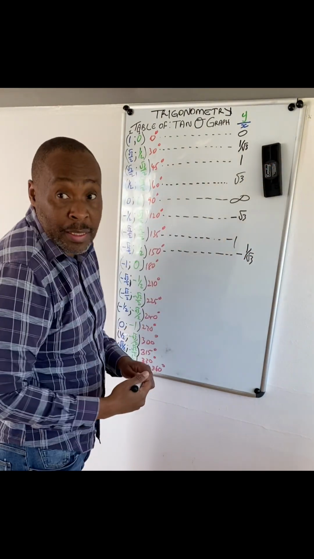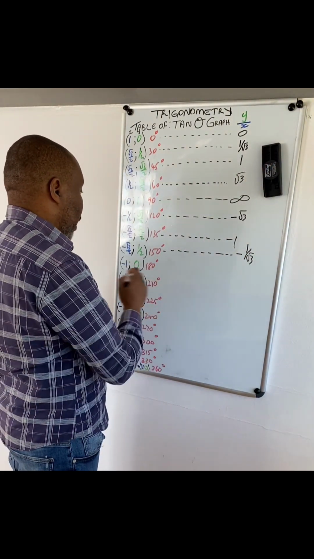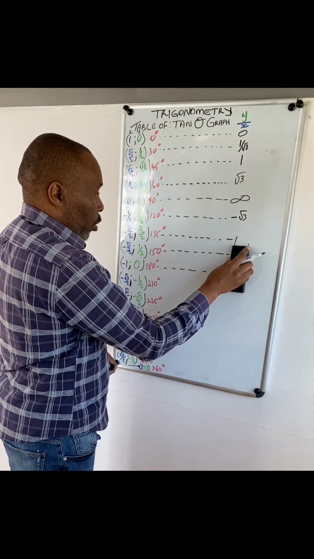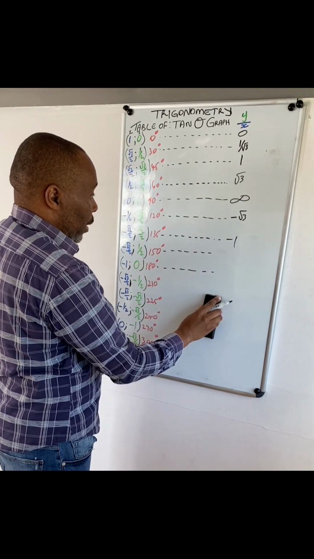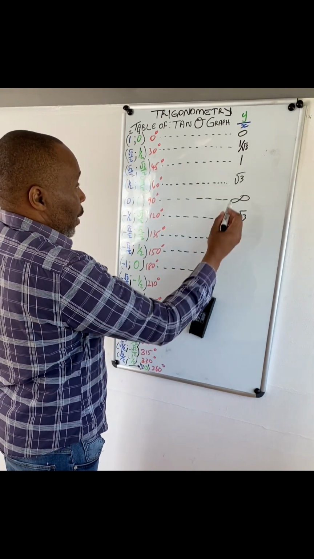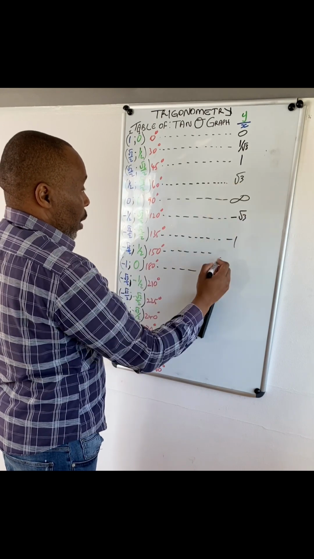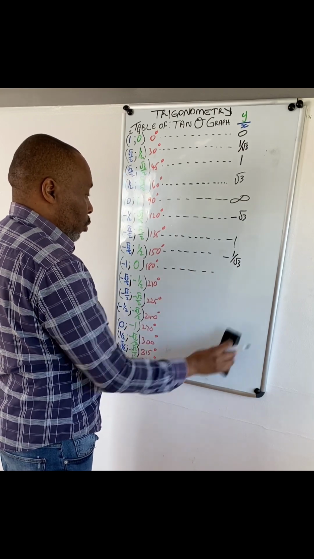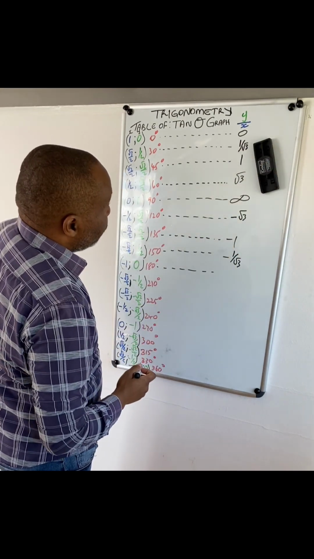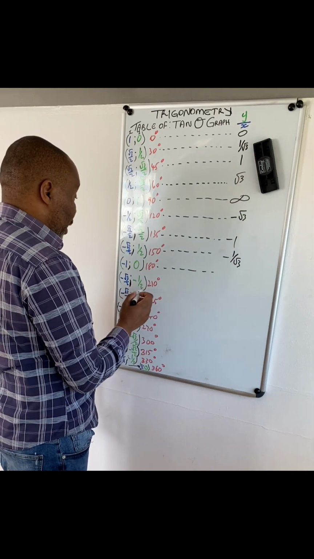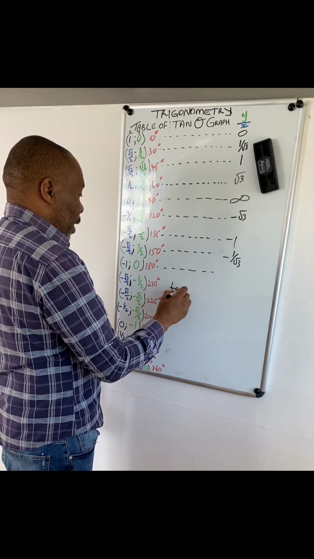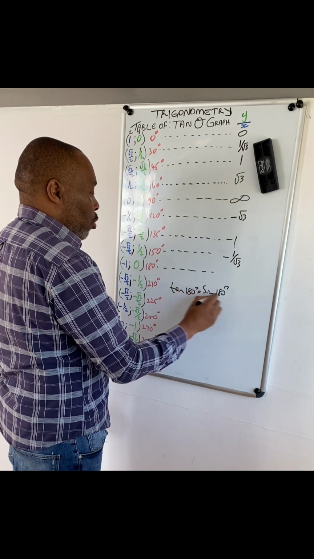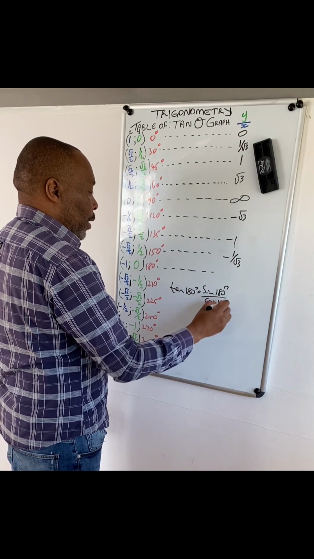Hope you're still with me, guys. At 180, let's see what we get. I'm trying to save space. I need this space. Minus 1 over root 3. At 180 degrees, let us calculate. Tan 180 degrees is equal to sine 180 degrees over cos of 180 degrees.